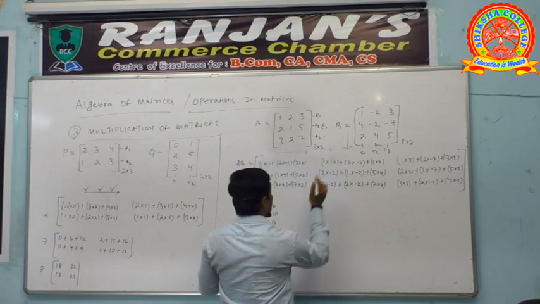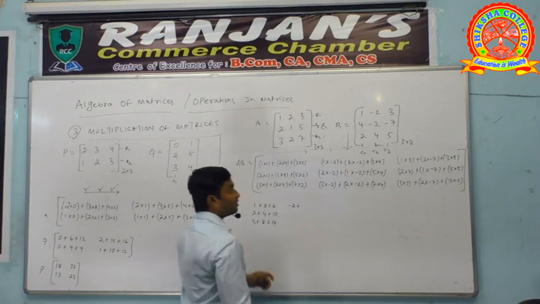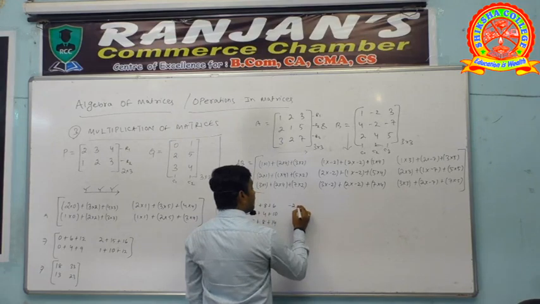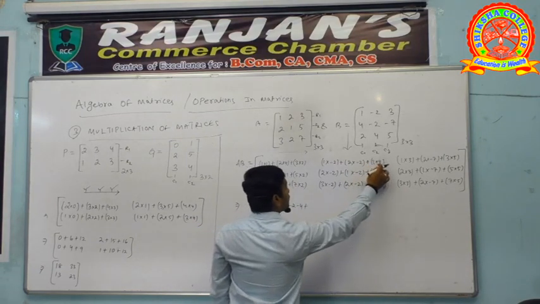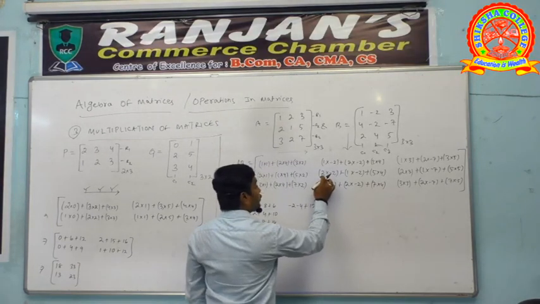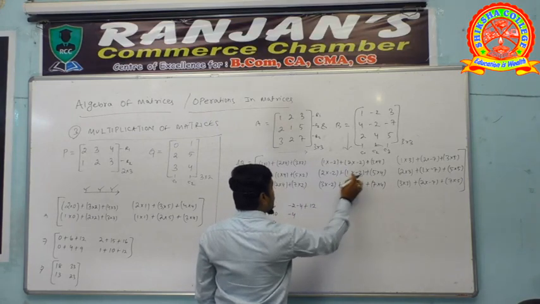Now 1 into minus 2 is equal to minus 2, plus 2 into minus 2, which is minus 4. So here plus is converted into minus. Minus 4 plus 4 into 3 is 12. Then 2 into minus 2 is minus 4, 1 into minus 2 is minus 2.